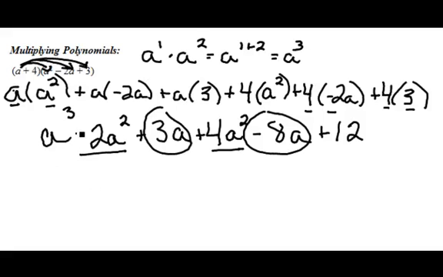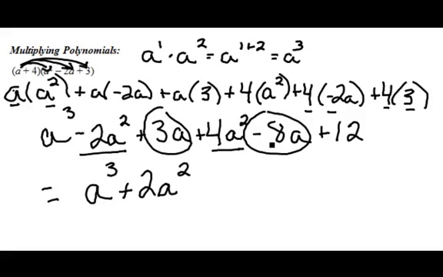Remember, in standard form, the exponents are listed in descending order, or biggest exponent down to the smallest exponent, or no exponent. So my first term would be a cubed. If I add my a squared terms together, negative 2a squared plus 4a squared gives me a plus 2a squared.